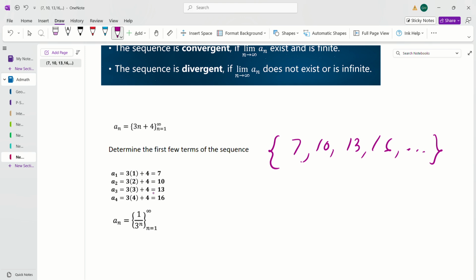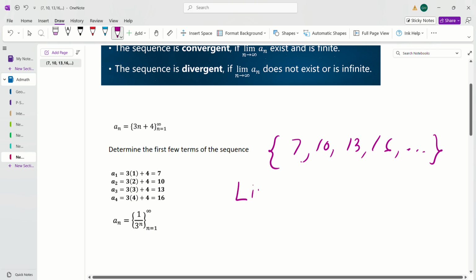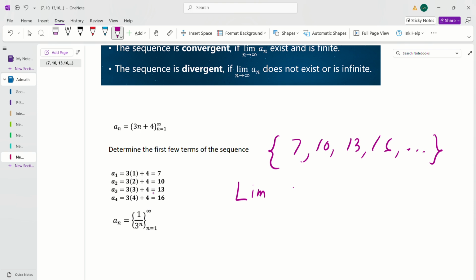If we're going to get the limit of 3n plus 4 as n approaches infinity, the answer is infinity. Since the limit does not exist, therefore this sequence is divergent.